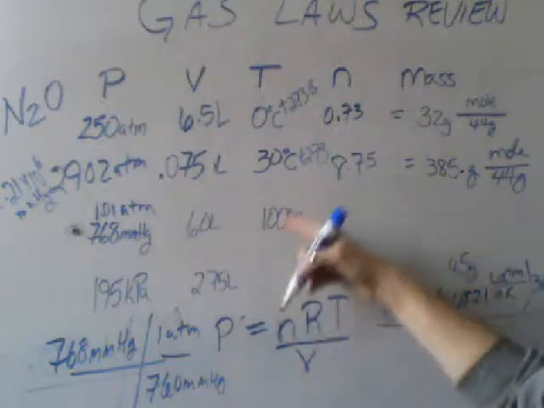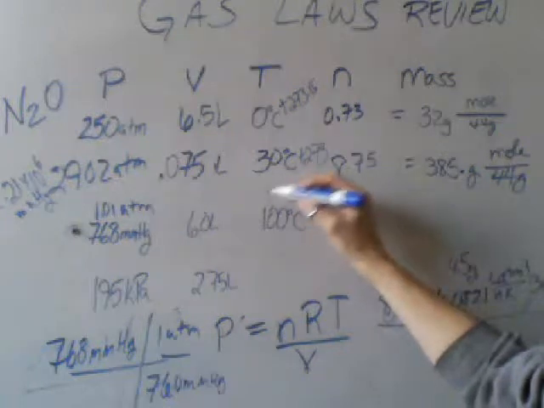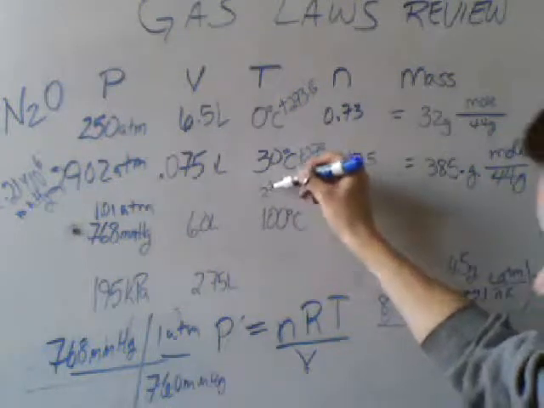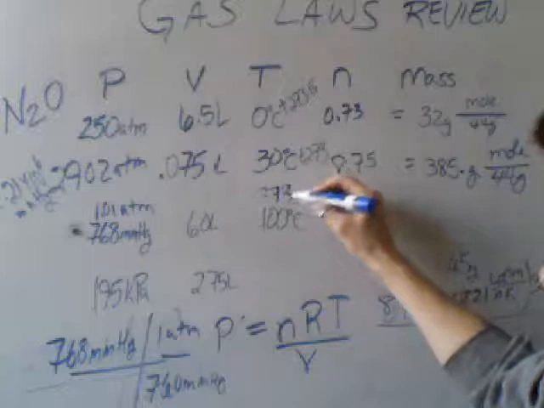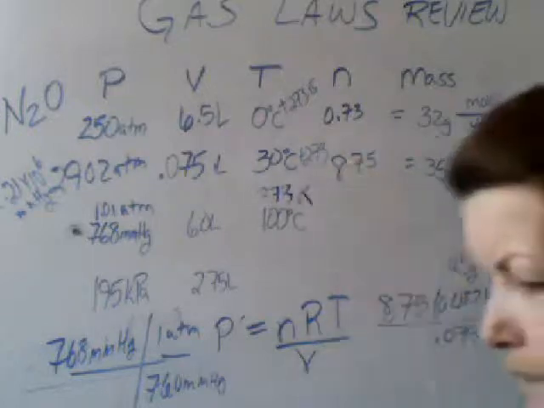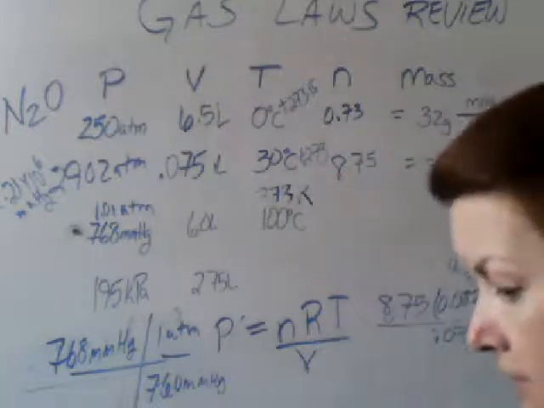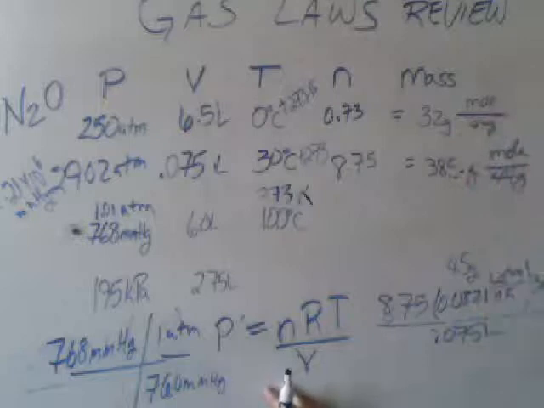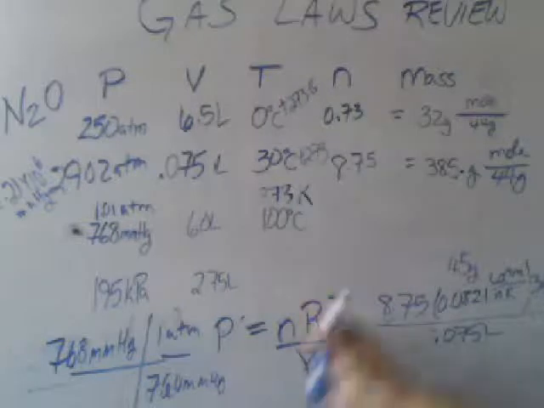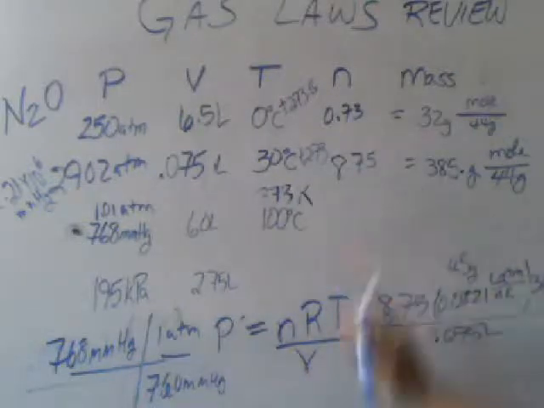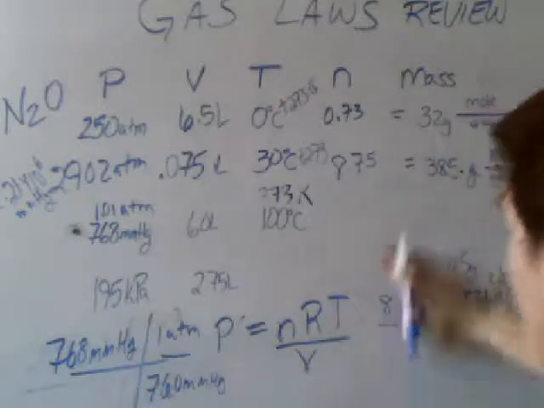Our temperature has to be converted to Kelvin, so we add the 273, so 373 degrees K. And we use again our ideal gas law to solve for our moles, and then we can convert to our mass.